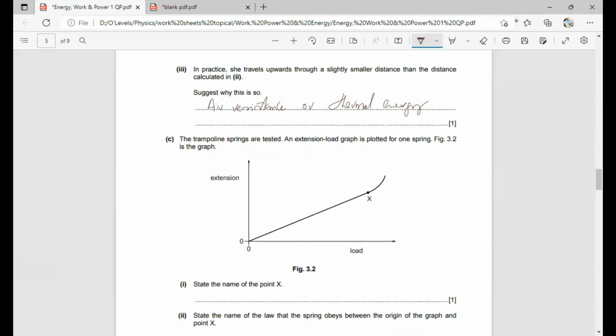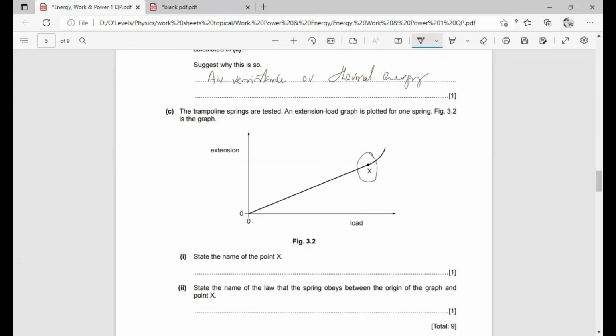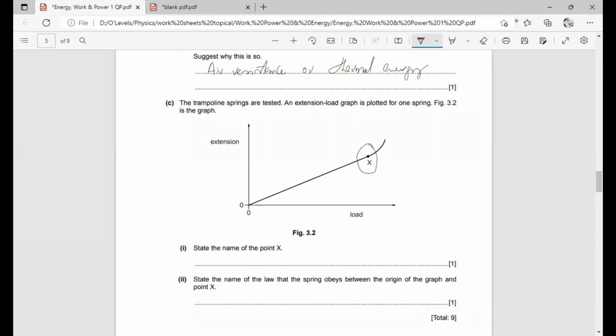What is the point X? This is the deformation. State the name of the point X. This is actually called the limit of proportionality. Actually, the limit of proportionality is that particular point after which you will not get the proportional stretch.